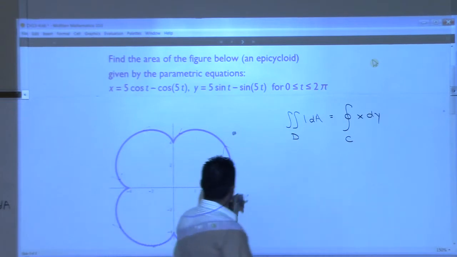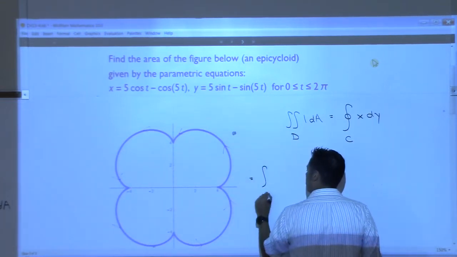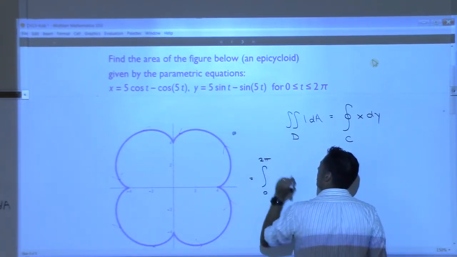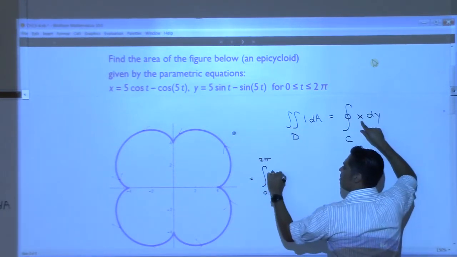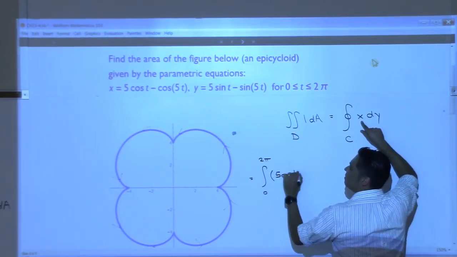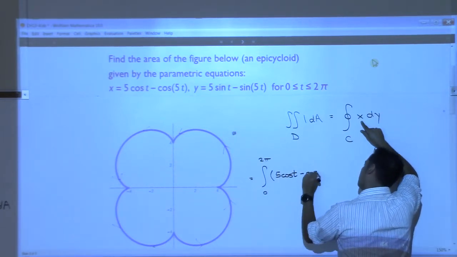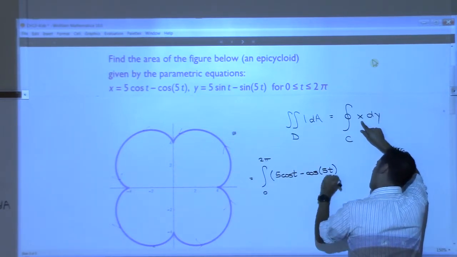So we can go right to the integral now, integral 0 to 2 pi, and then it's going to be x, which is our 5 cosine t minus cosine 5t, right?